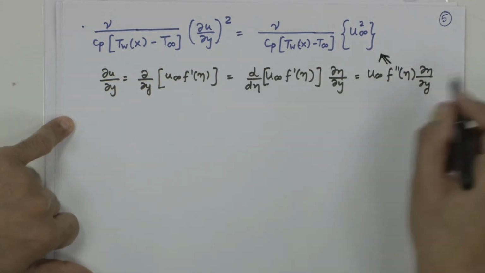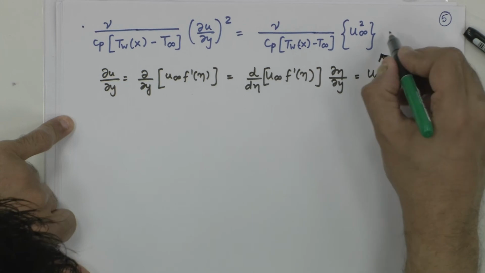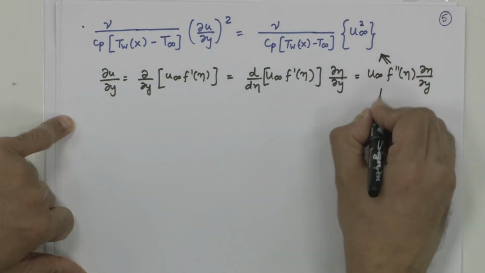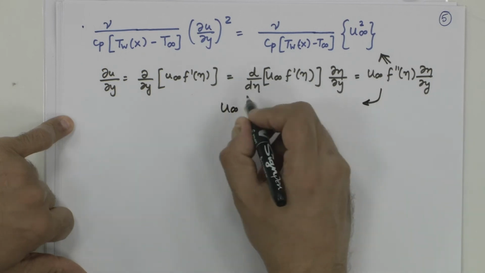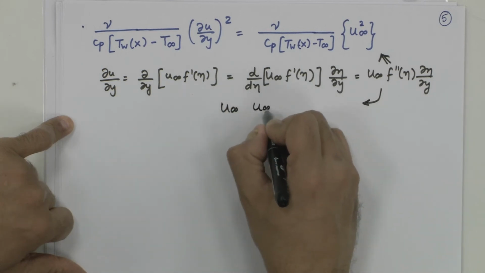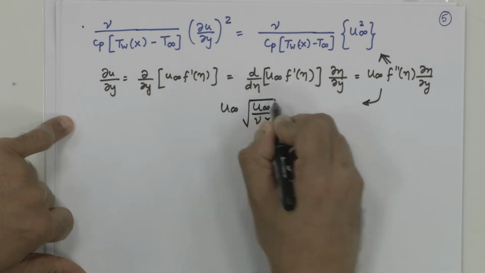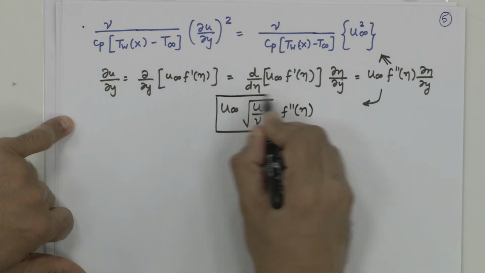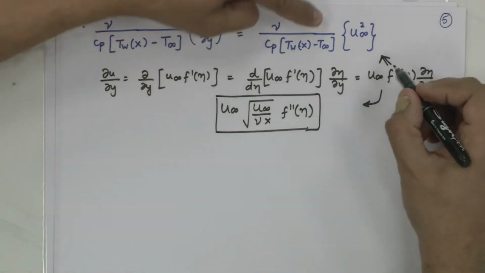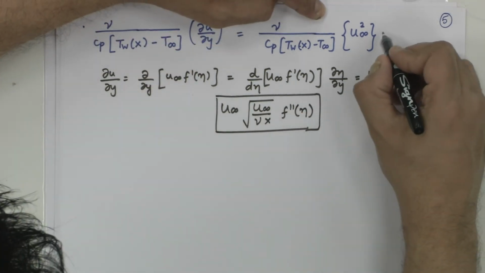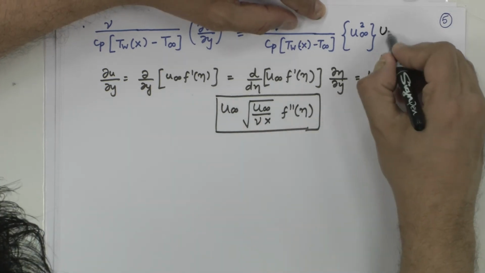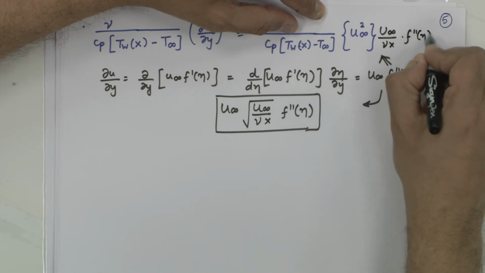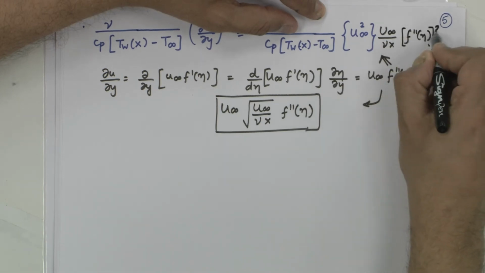So square is there, so I would get u∞² (dη/dy)². I will write this one more step. dη/dy was √(u∞/νx), so du/dy is u∞ times √(u∞/νx) f''(η). So this is what is getting substituted. Square of this quantity is u∞² times u∞/νx as it is, f''(η) whole square.